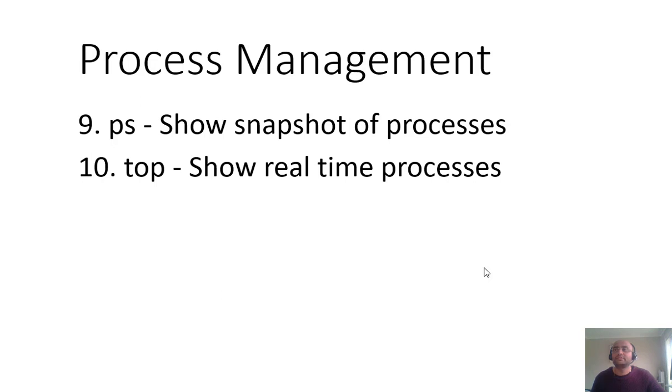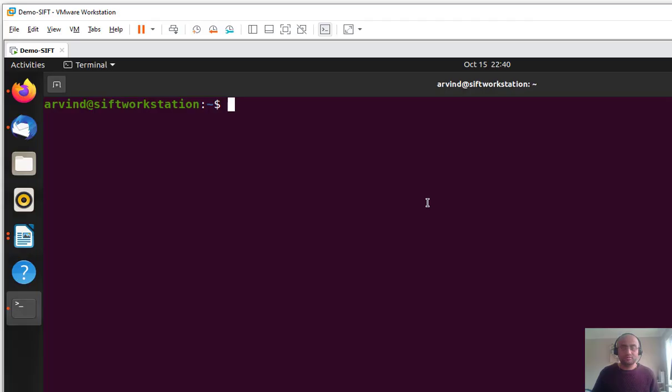Okay, next we will see the snapshot of processes. For that we have to run the command ps, and the other command is top, which will show the real-time processes running on the instance. The command is ps. In this case it will list the processes run by the user.